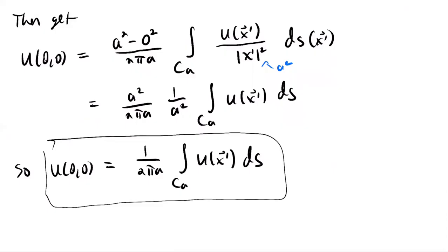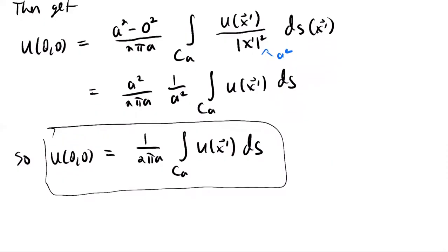And so what does this say? Let's look at this for a second and try to interpret what's going on here. This says that I can recover the value of my solution at the origin by looking at a certain integral of u along the circle. Here we have the circle of radius a, and this is 0, 0.